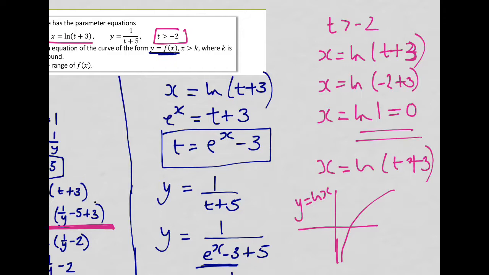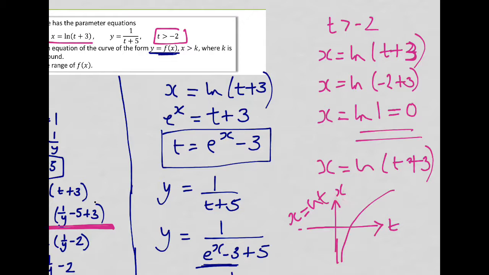So what it means though is as t increases, even if I transform this graph, as t increases, then this here increases. I should have perhaps put a t there rather than an x. That would be better to help you. Let me just erase that to make it a little bit clearer for you. I'm going to rewrite this as x equals ln of t. So what we're getting at here is that as t increases, x increases.